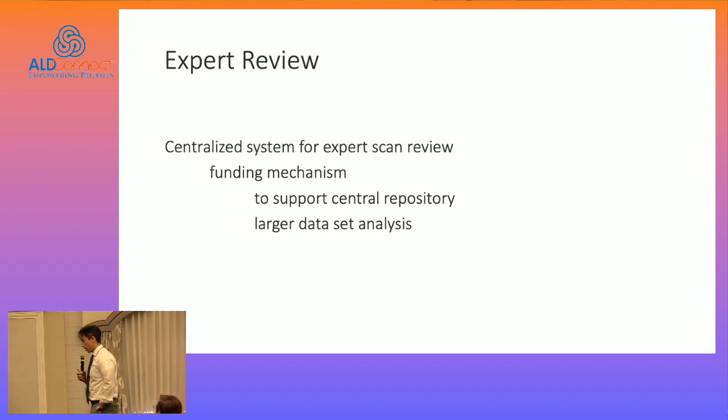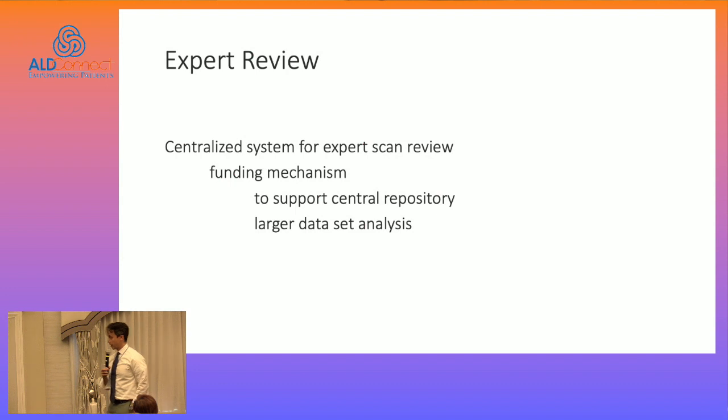So we started thinking about a centralized system for expert scan review, and maybe engaging a funding mechanism to support a central repository, such that a lot of the larger centers and people who have experience with cerebral ALD can access that and maybe give their 2 cents. And then there's a secondary gain to it, a research one, where you get a larger set for data analysis to help us really understand what early cerebral ALD evolution really looks like. And I'll show you why that's important in a second.